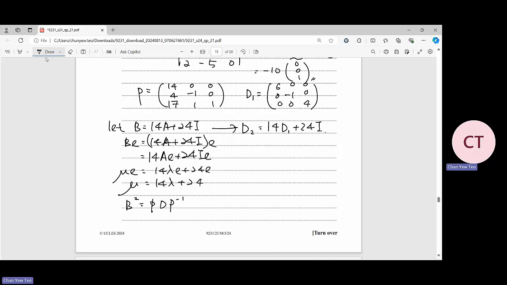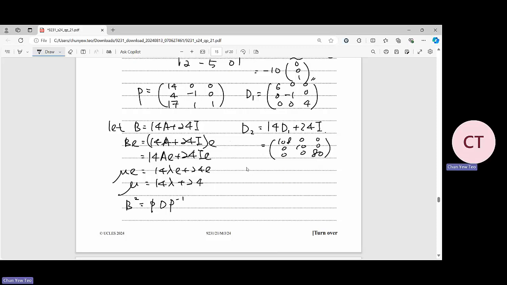So this will become 14 times 6. 14 times 6, this will be 108. This one will be 10. This one will be 80.